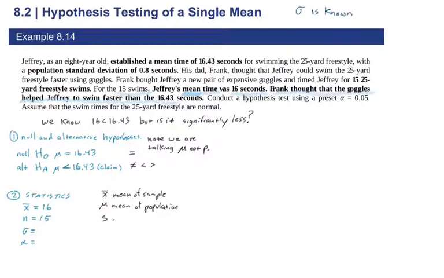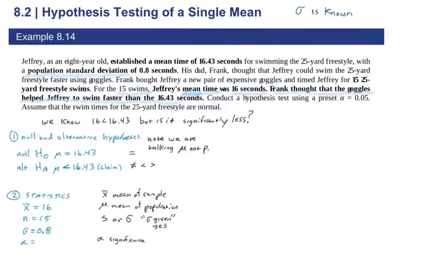Our sample size is going to be 15. And then the main question is s or sigma, which is given? Is sigma given in this case? The answer is yes, it is given. This one's very nice because it specifically states the population standard deviation of 0.8 seconds.